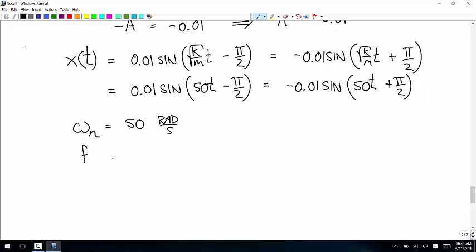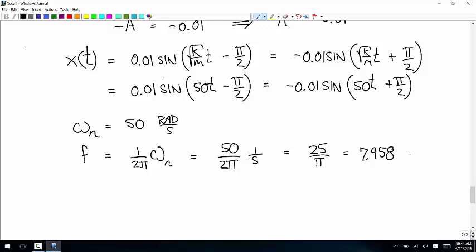And so the frequency is equal to 1 over 2 pi times the natural frequency, which is 50 over 2 pi. And what's that as a number? 25 over pi. 7.958.